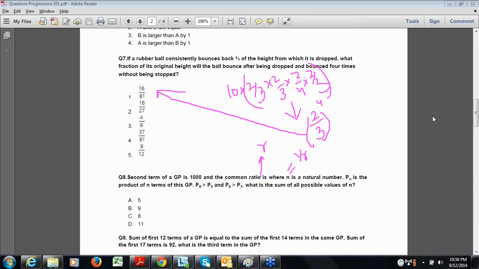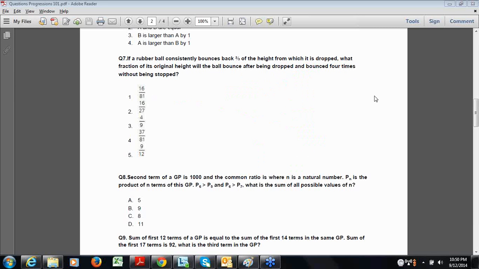Should I move ahead? Anybody has an issue? I'll give you 2 seconds to raise it. Okay, I hope everybody is clear with this. No issues, so we'll go ahead.